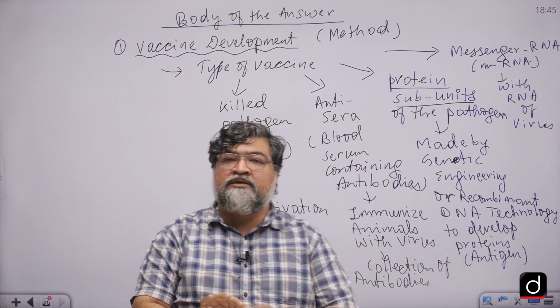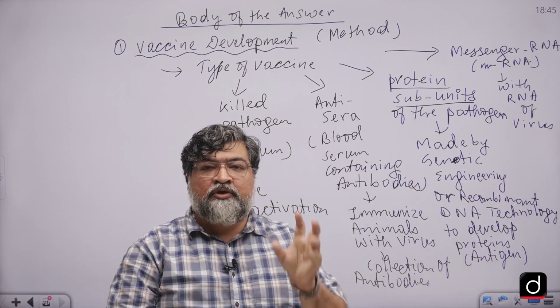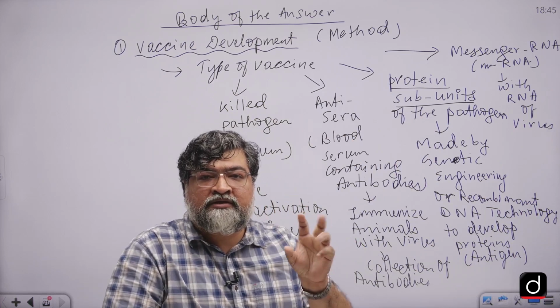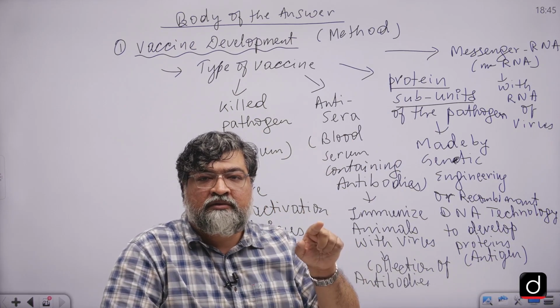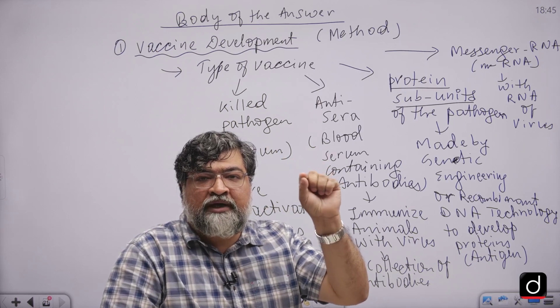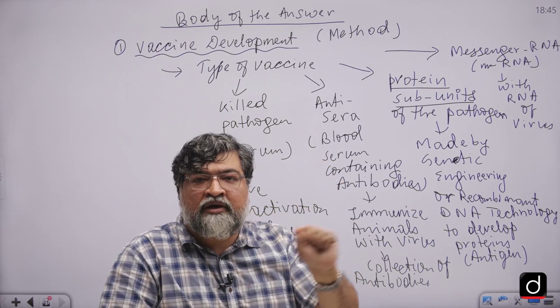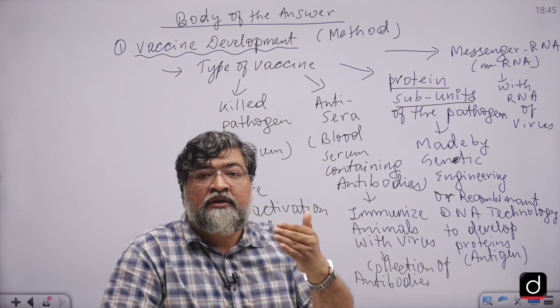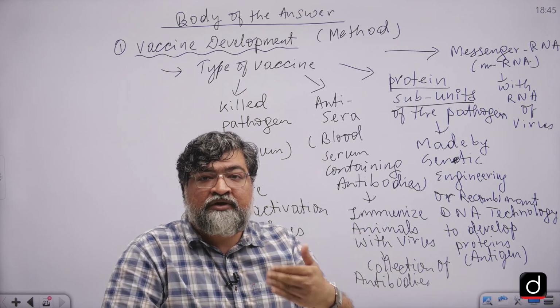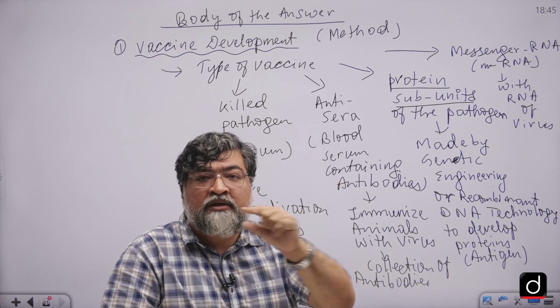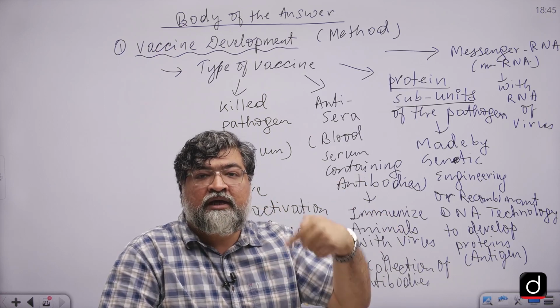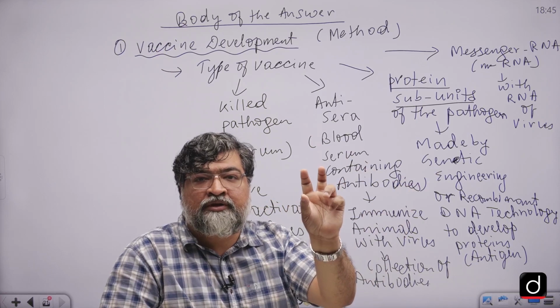And what mRNA does, it provides a template. Imagine the proteins on the COVID-19 virus are made through the gene or DNA, and the information is coded in messenger RNA, which normally inside the human cell, where transcription happens, reads the gene or DNA in the human body, and then translates and makes protein.